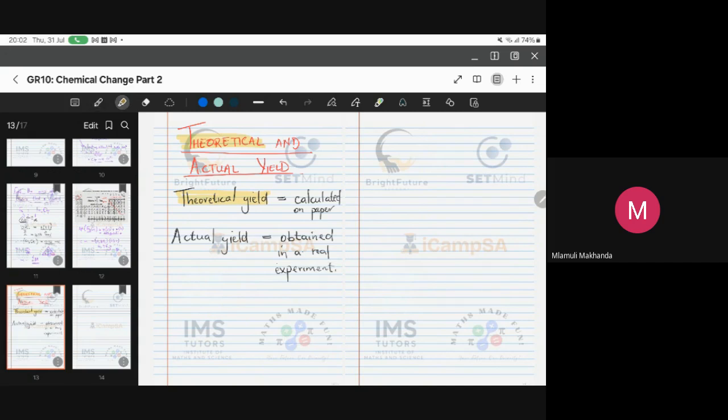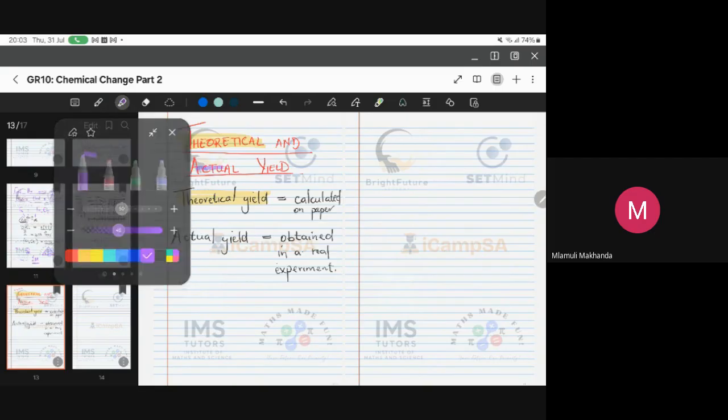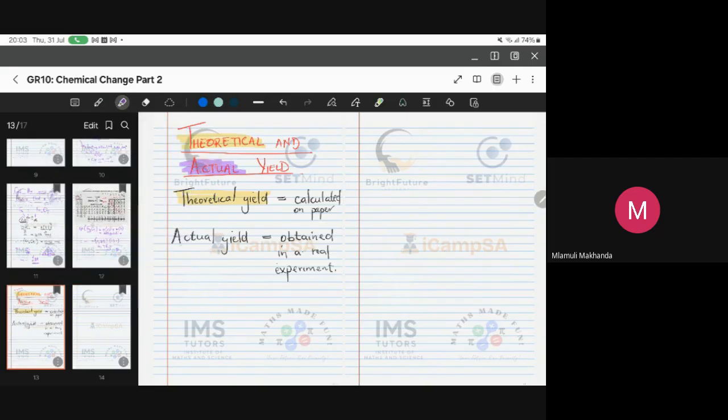You see the difference. One of these is calculated, while the other one is what you would get as the value.